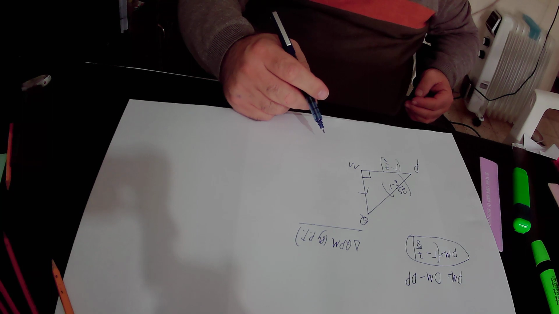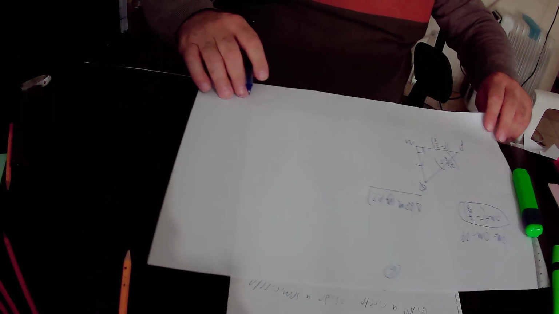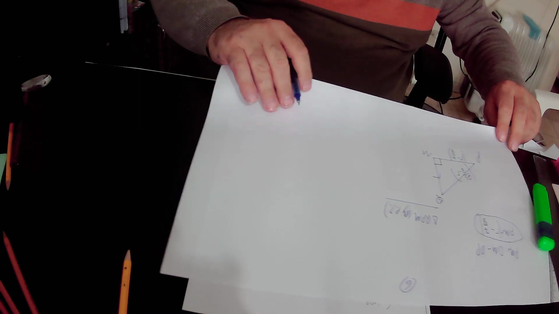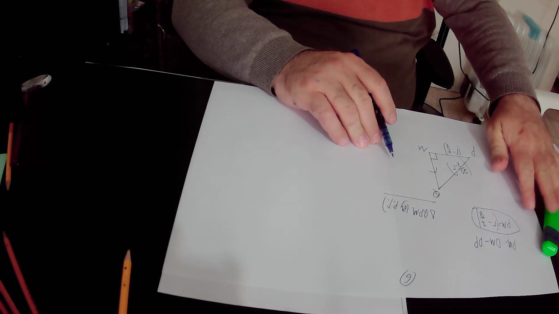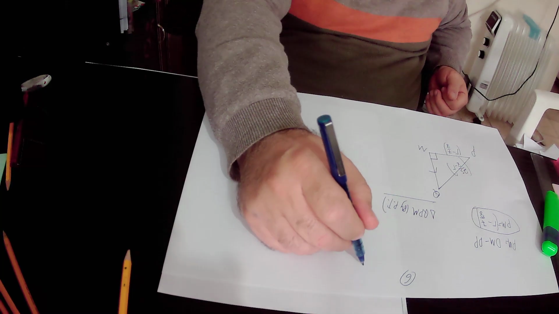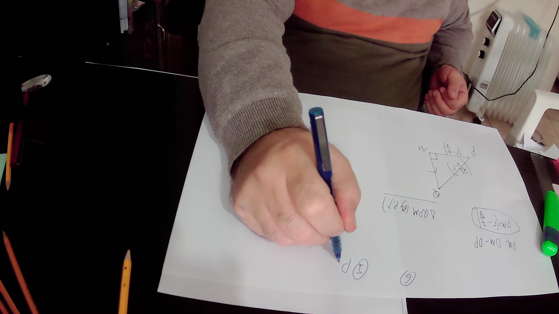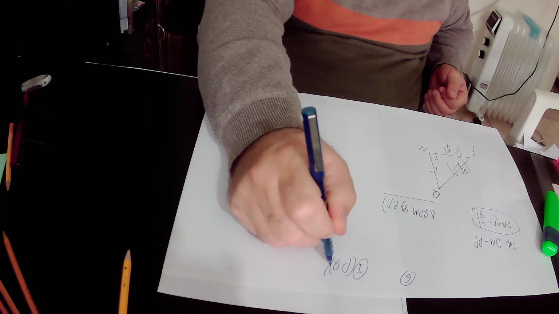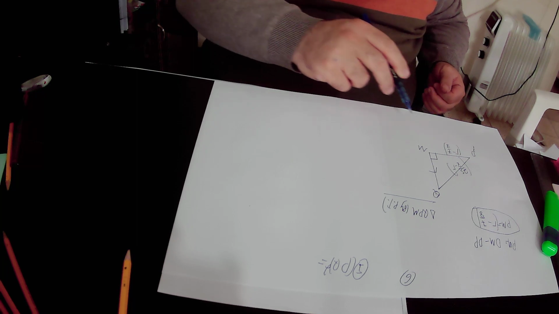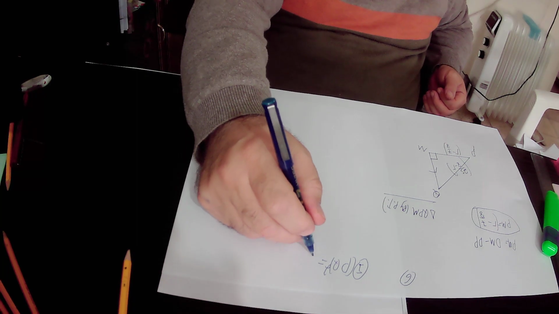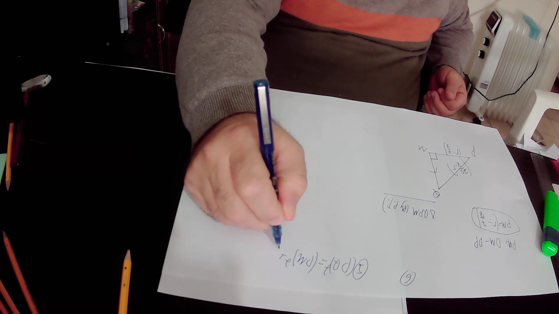According to equation number 1, the square of the hypotenuse is PQ square, and it is equal to PM square plus QM square.